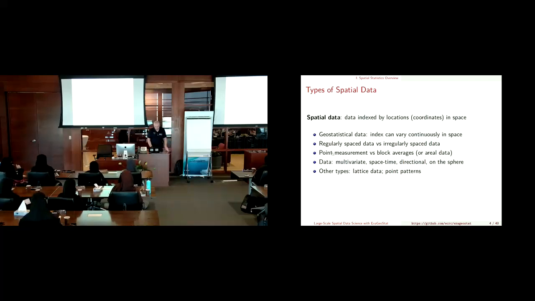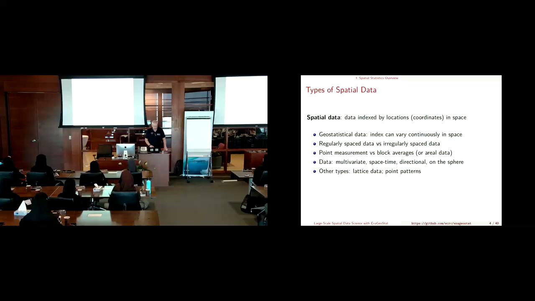So this means that some measurements are actually point measurements, for example, with a sensor, or you have what are called aerial data, so a satellite with an image maybe has a certain resolution and can only cover a big area, but you cannot say very precisely at a point what the temperature would be.